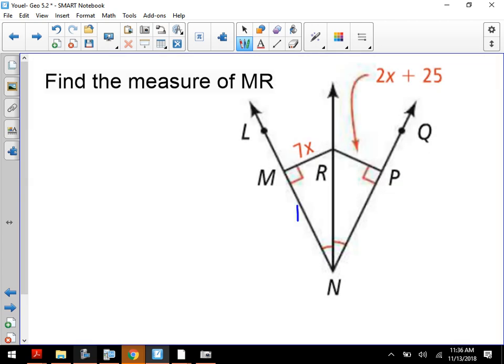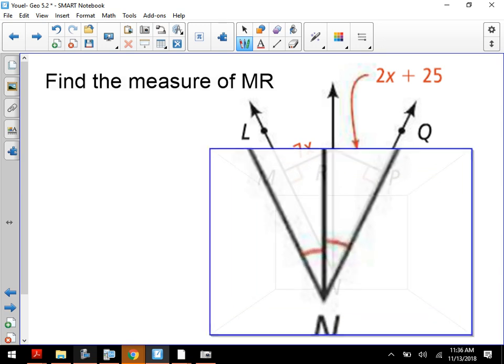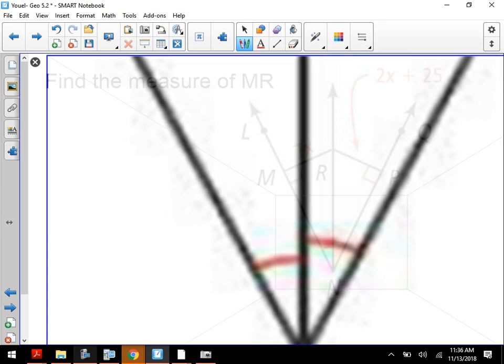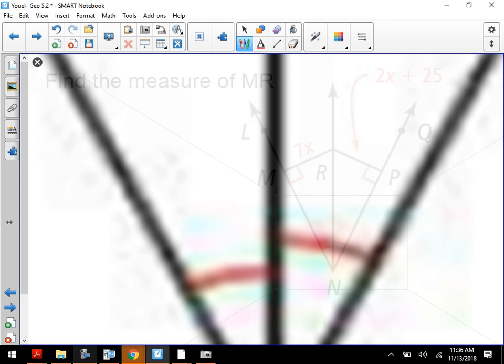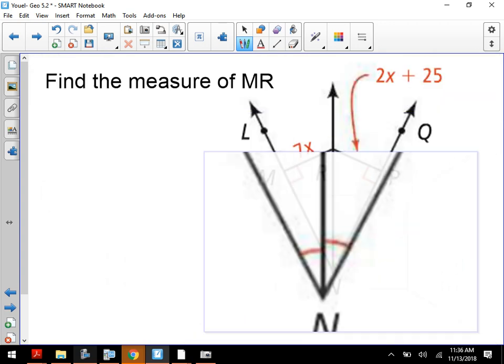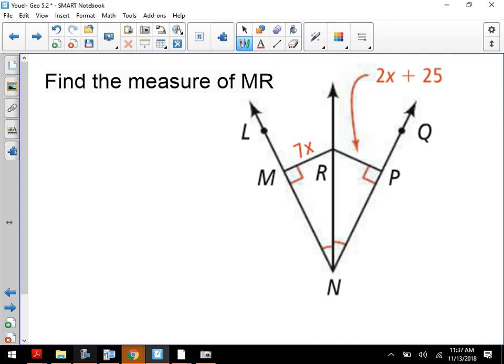Do you see it okay? I can keep zooming in. Those tick marks mean what? You can't see it? Are you sure? I can try and zoom in a little bit more.